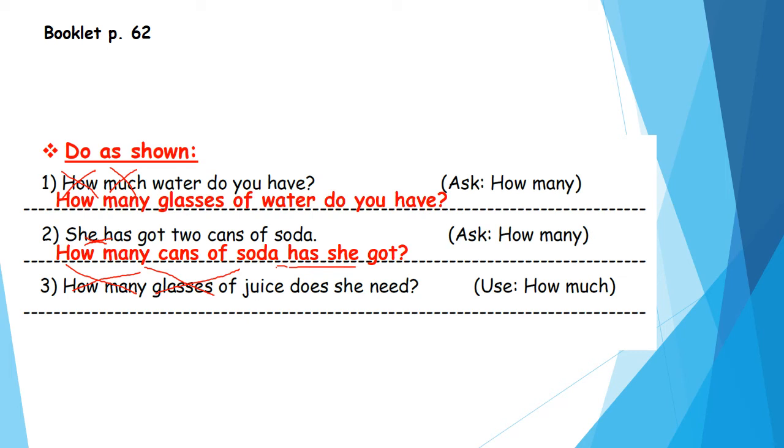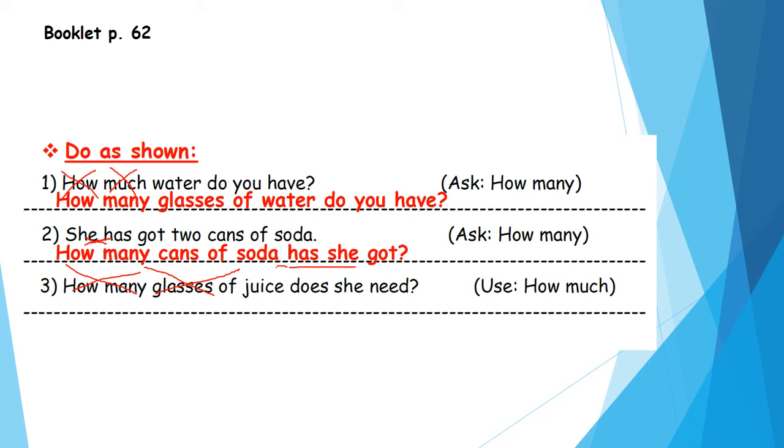Okay, number 3. How many glasses of juice does she need? Use how much. We know that we use how much to ask about uncountable nouns. Here, how many glasses of juice? He counts the container, he counts the glasses.